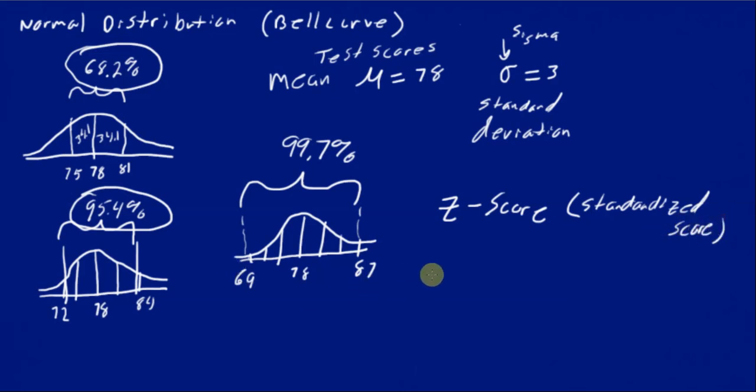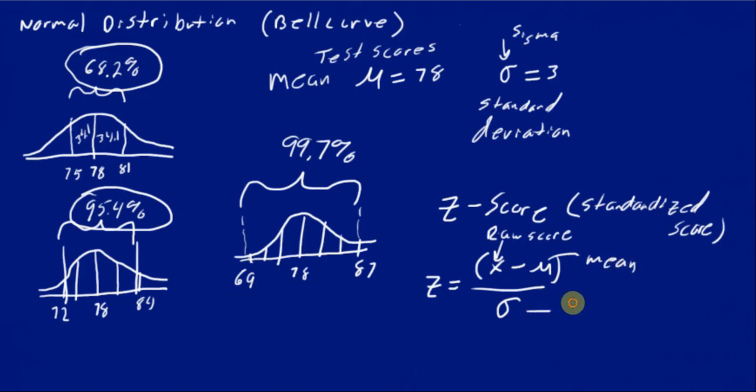But a z-score is calculated as x minus mu divided by sigma. So what is x? X is called a raw score. Mu, of course, is our mean. And sigma will be our standard deviation.